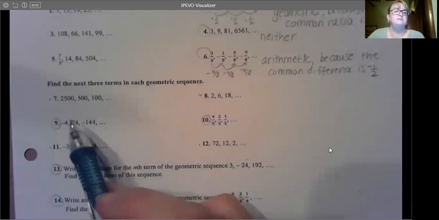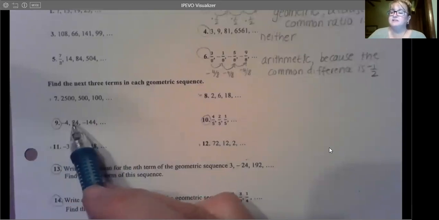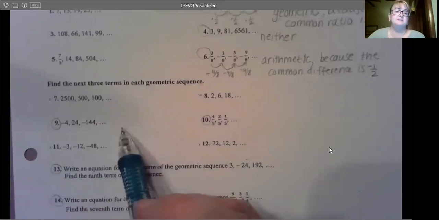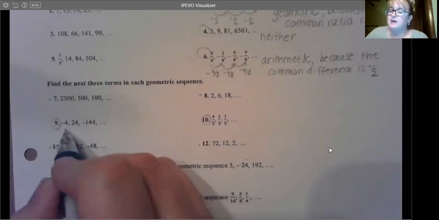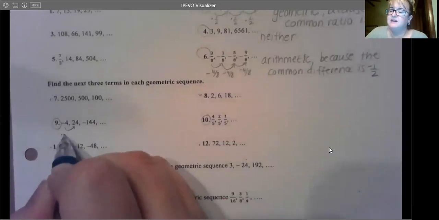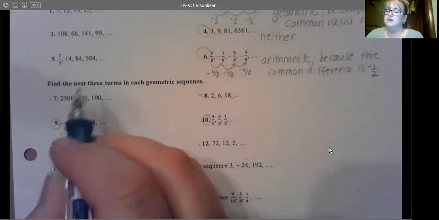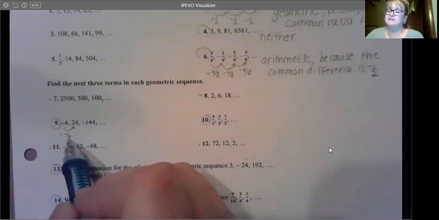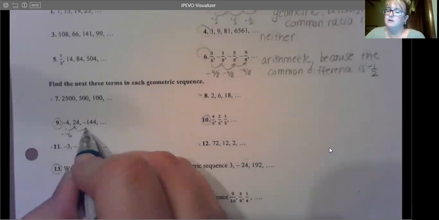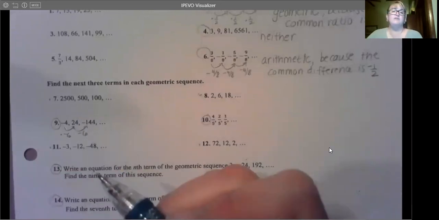Okay, we are going up, so we're multiplying, but look at what's happening to our signs. Our sign goes negative, positive, negative, positive. So that means we're multiplying by a negative number because the sign's switching each time. So this is going to be times -6. -4 times -6, positive 24. Positive 24 times -6, -144.